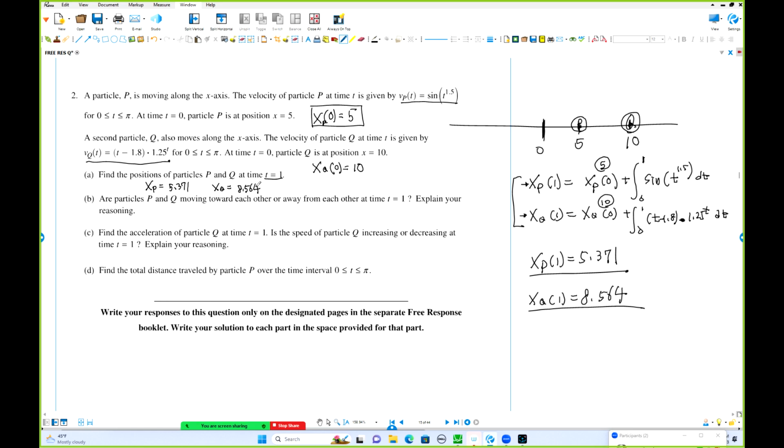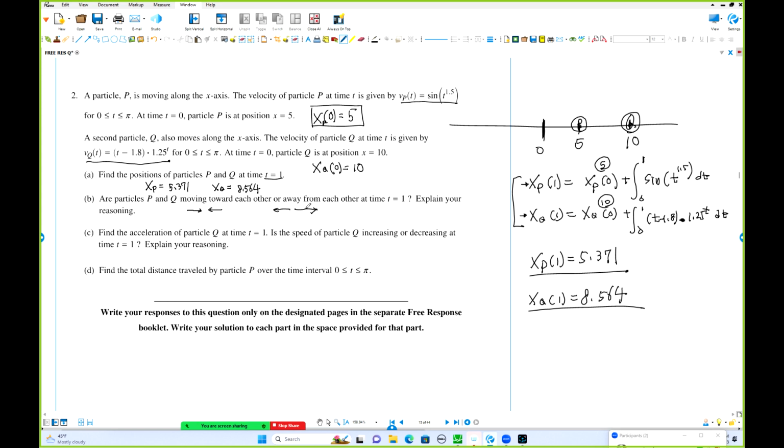The second one: are particles P and Q moving toward each other or away from each other at time t equals 1? Toward means P is moving here and Q is moving over here, right? Away is this way.